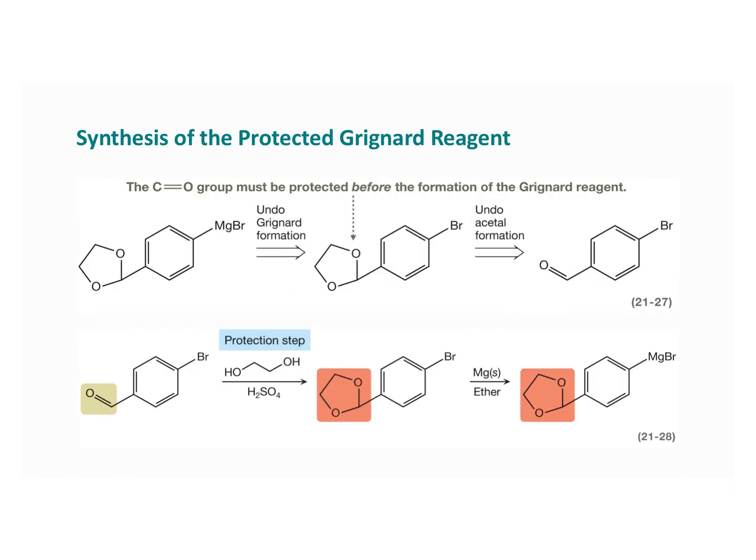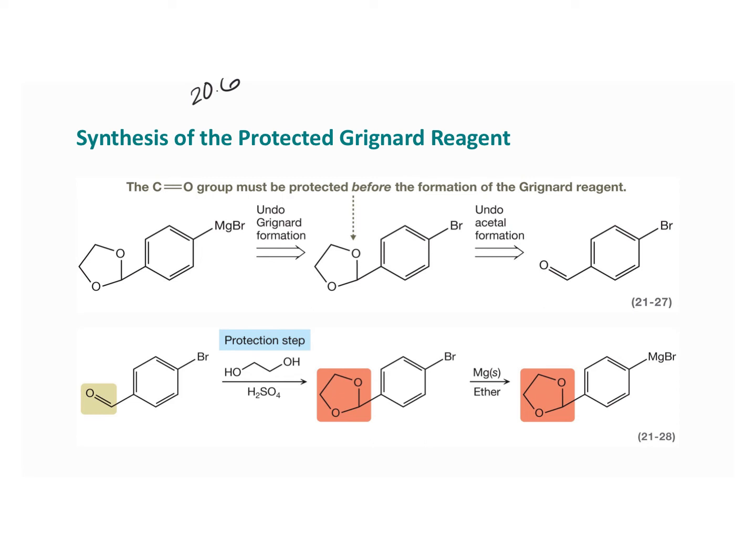Now, of course the question is, well, how do we synthesize the protected Grignard reagent? We know from section 26 that the Grignard reagent is produced from an analogous alkyl halide. And to avoid the presence of the carbonyl group on the Grignard reagent, the carbonyl group should be protected prior to the addition of magnesium.